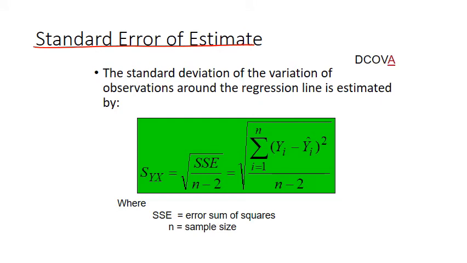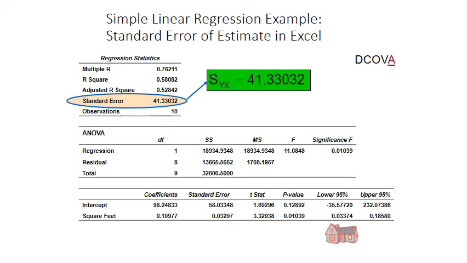This is the formula for standard error of estimate. I will give you another simple formula to calculate it, rather than using this formula, because it is time taking. Standard error of estimate tells us how much variation there is in the values around the regression line.